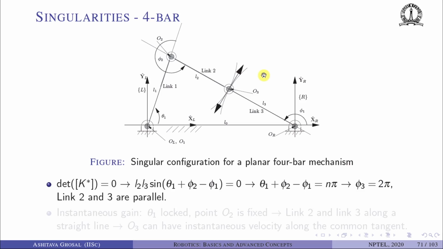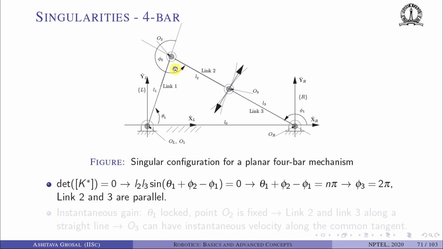Let's look at the singularities in a 4-bar mechanism. So we have this 4-bar mechanism, link 1, link 2, link 3. The determinant of K star for the 4-bar mechanism equal to 0 leads to this equation, which is L2 L3 sine of theta 1 plus phi 2 minus phi 1 equal to 0.